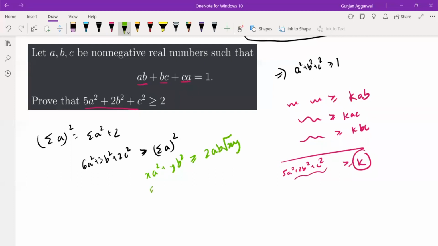And then, when you add the stuff, the method you said, you would want the coefficients of a to add up to 5. So 5 minus x a squared plus z c squared must be greater than or equal to 2 root. And similarly for the third term, we are left with 2 minus y and 1 minus z.